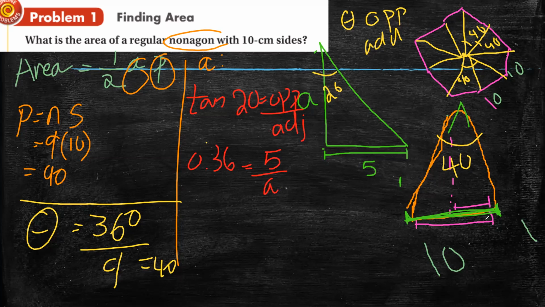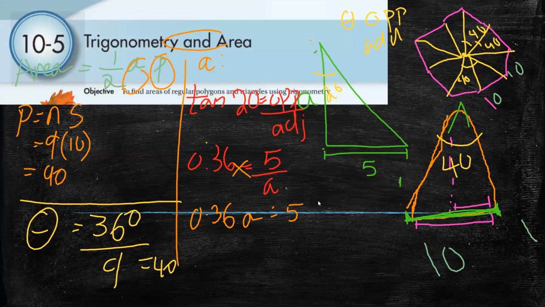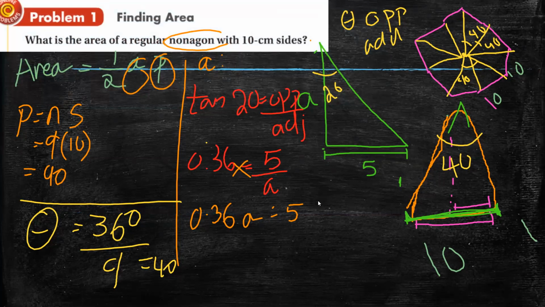Then by cross product, 0.36a is equal to 5. Then divide by 0.36, divide by 0.36.